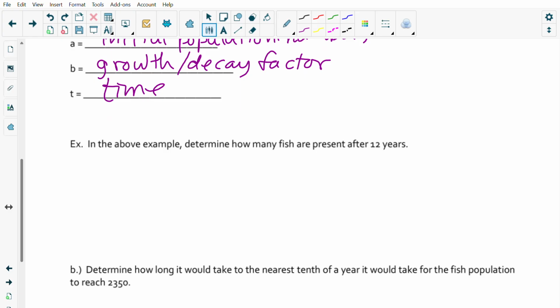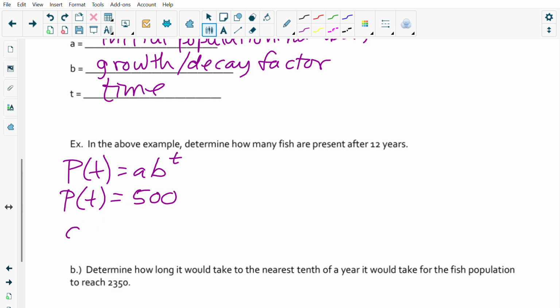In the above example, determine how many fish are present after 12 years. I'm going to use my population formula, population growth. That's population as a function of time equals A times b to the t. They want to know the final population after 12 years. The initial amount is 500, so A equals 500.